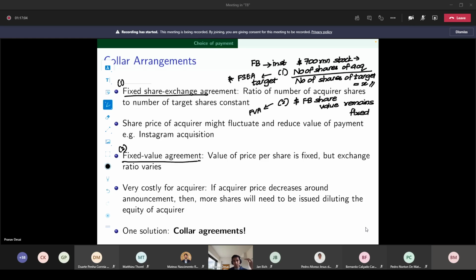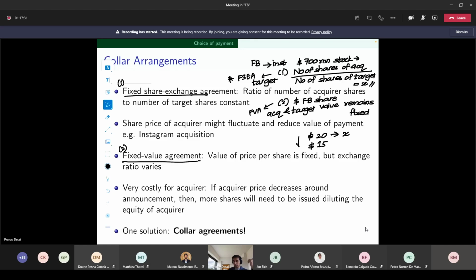Now, in case of fixed value agreement, both the acquirer and the target do incur a lot of risk. The acquirer incurs risk because it has to issue a lot of shares if the share price falls. So suppose it's offering 20 and coming up with a corresponding exchange ratio, and now the share price has fallen down to something like 15.